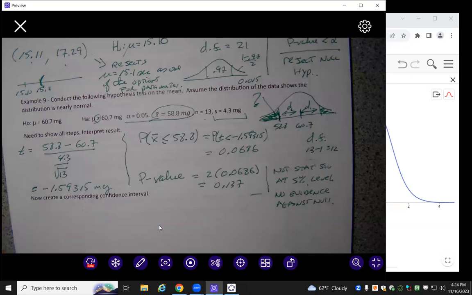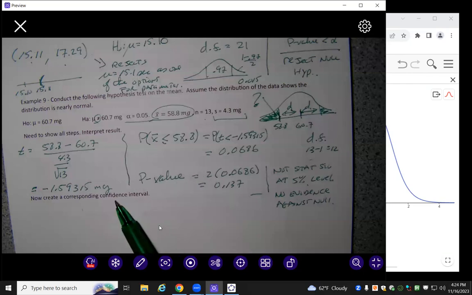So remember, a confidence interval does not tell you what the parameter is. A significance test doesn't tell you what the parameter is. All significance tells you is that the thing you assume, well, continue to assume it. We found no evidence against it. Or the thing you're assuming is not correct. We found some evidence against it.